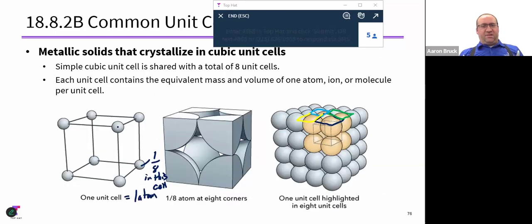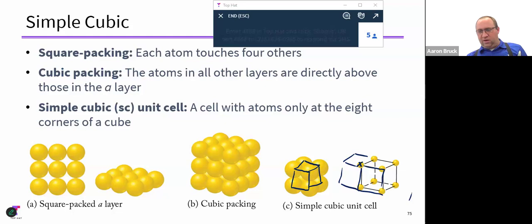So if we go back to here just for a second, what we would see in body-centered is that instead of packing on top here, yellow on top of yellow, we would pack that next group in this hole created by the 4 atoms.